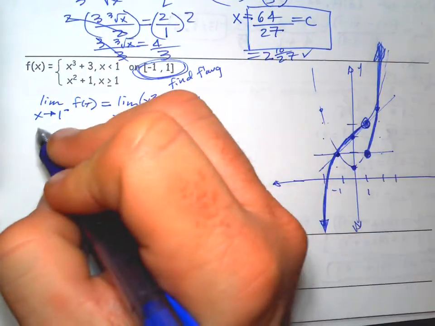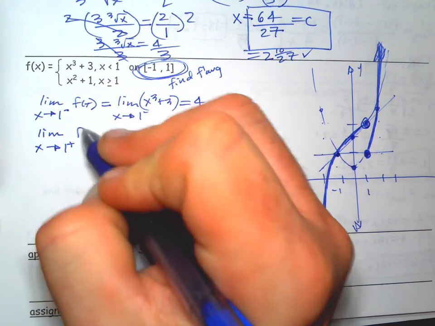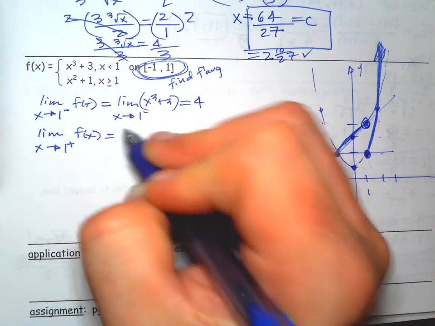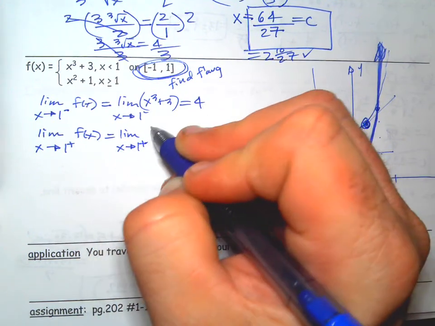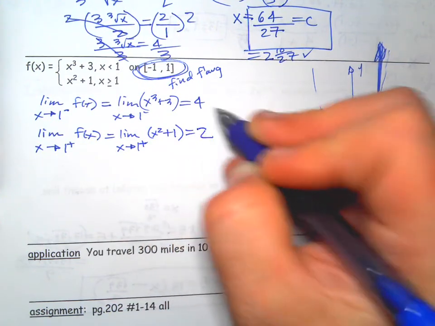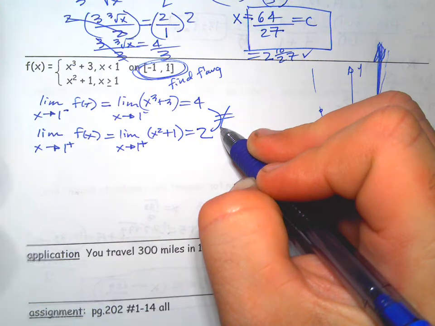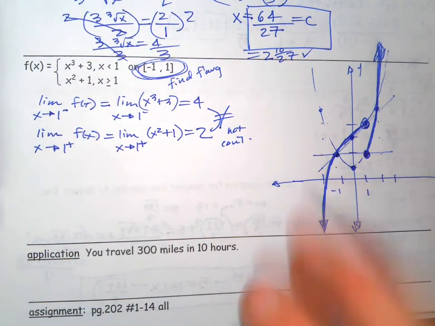And then you say, well, what's the limit on the right side? So here's the work you could show to show that there's some kind of jump there. Now, from the right side, we're supposed to use this other function, x squared plus 1, and that gives you 2, and they're not equal, so it is not continuous. So we just can't even do it, okay?